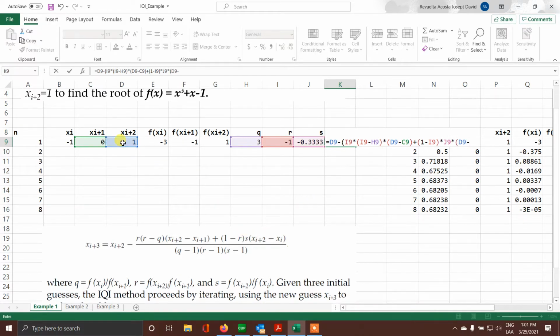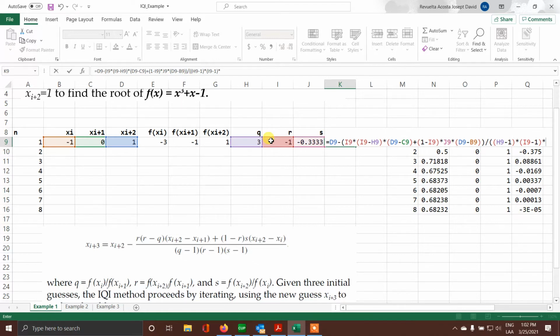And then this is going to be divided by another parenthesis, Q minus 1, close the parenthesis, and then open times, open parenthesis, R minus 1, close the parenthesis, times, open the parenthesis, S minus 1, close the parenthesis, and then we have to close the big one, right?